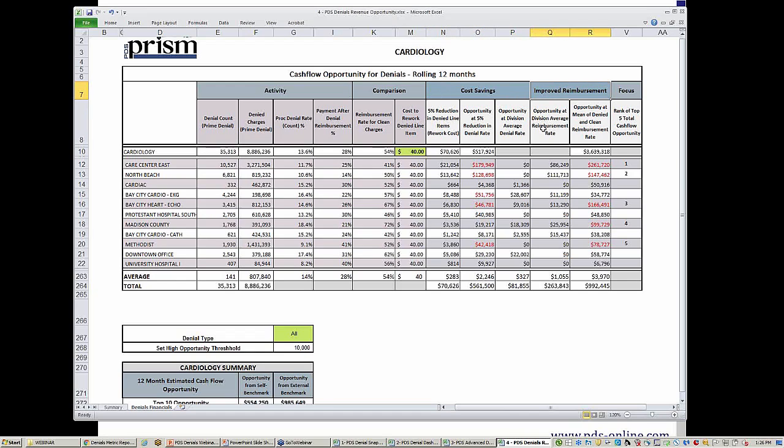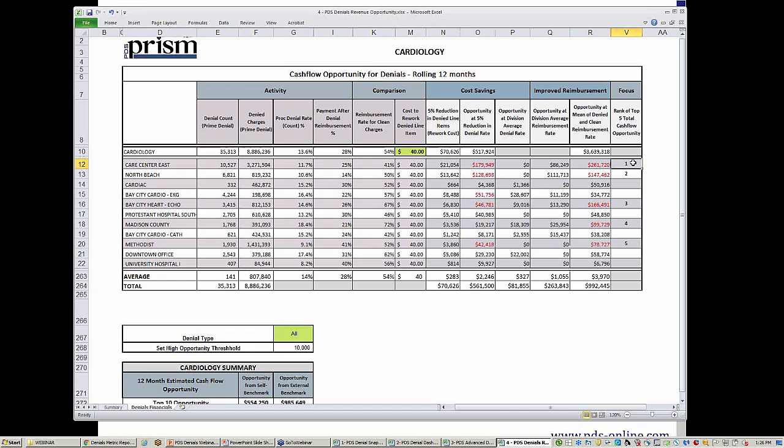And when we identify outliers, what we're looking at are what are the 20% of the providers, patients, locations, payers, whatever it is we're looking at, that provide us 80% of the financial opportunity.